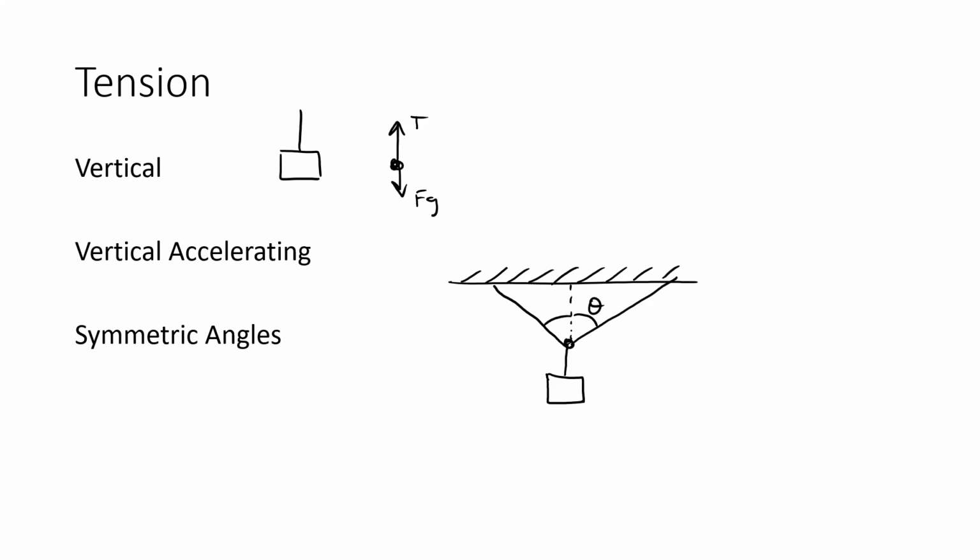And the symmetric angles are these two angles that are theta. So you could picture this as like two ropes going in two different directions. One long rope. Let me actually set up the one long rope.